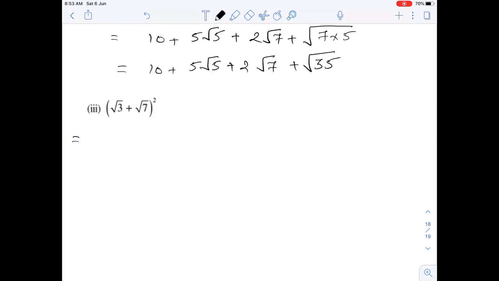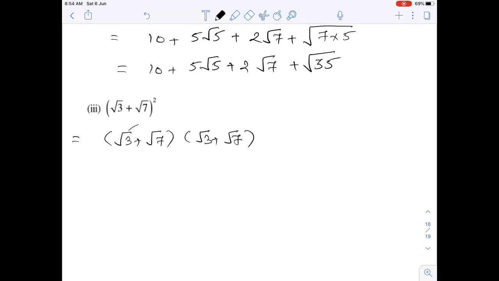As I told, if you are not able to memorize the formula, simply we can write it as (√3 + √7) another bracket (√3 + √7). Why have we written this two times? Because of this power.